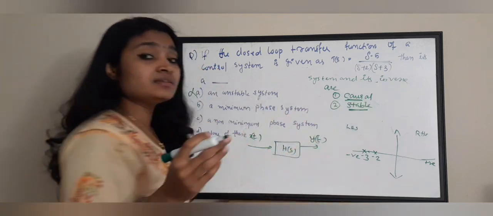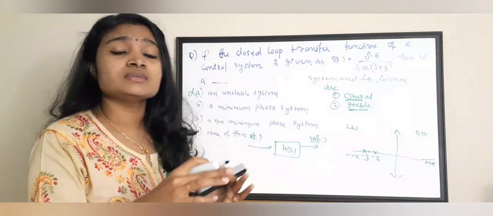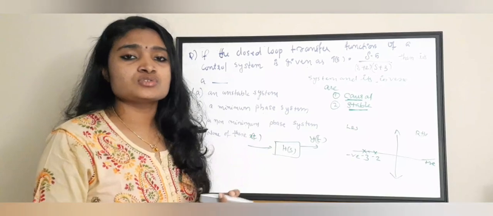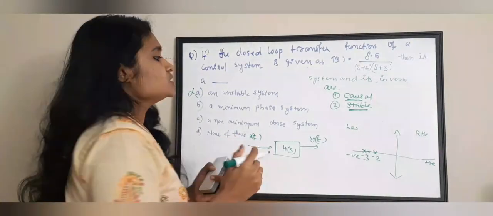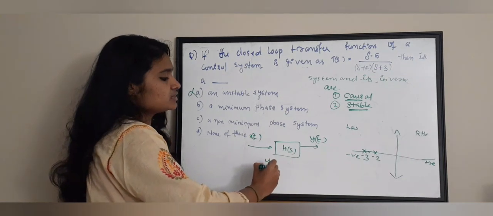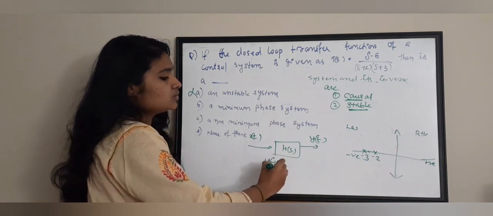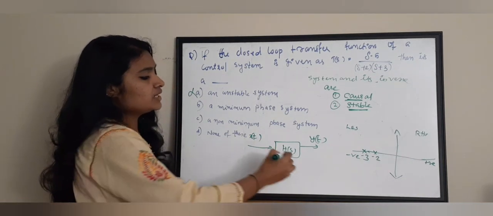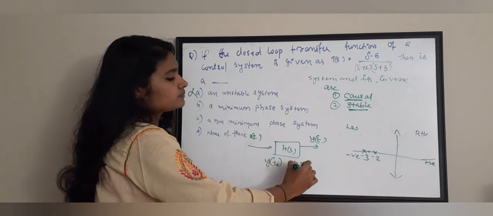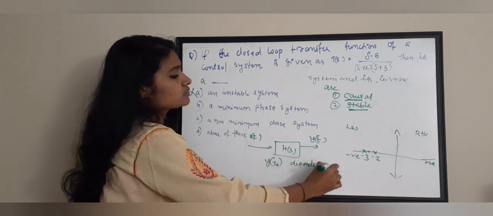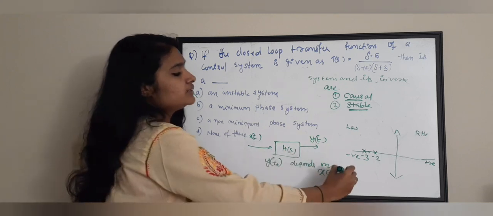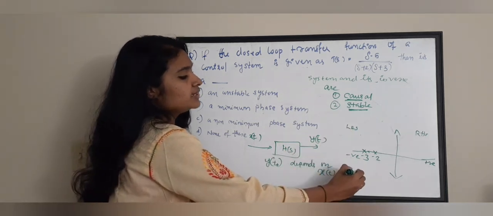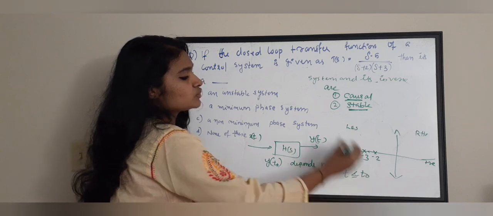While you are studying control systems, the term causal is seen everywhere, so you should be familiar with causality or causal system. We represent causal systems as: y of t0 depends on x of t for t less than or equal to t0.